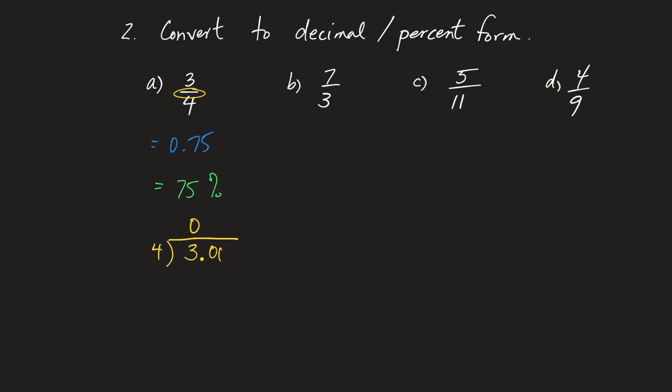And I could put as many zeros after that as I like. 3.00000 is equal to 3. But those zeros might give me something more workable. So if I include one more zero, and I forget about the decimal place by copying it up above.